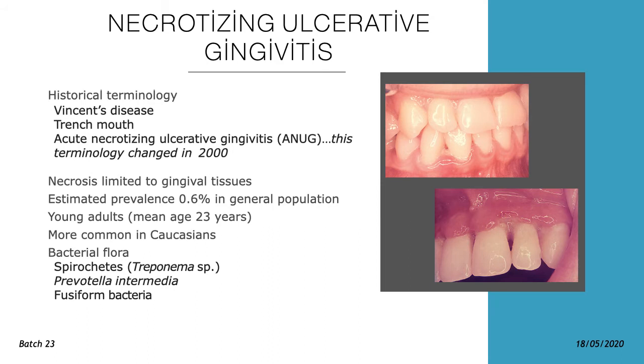It is most frequently seen in younger adults with a mean age of 23 years, and more commonly seen in Caucasians than other races. The bacterial flora responsible for the gingivitis is spirochetal organisms along with Prevotella intermedia and Fusobacterium nucleatum.